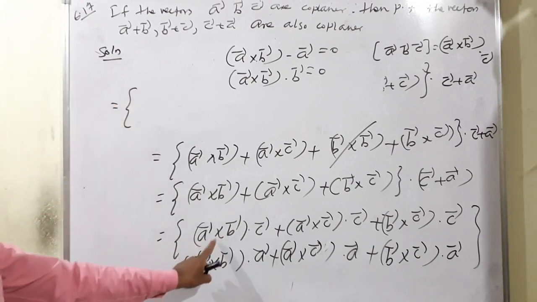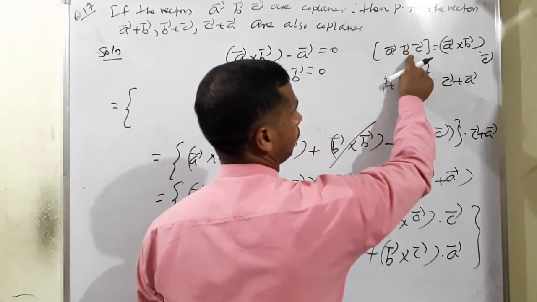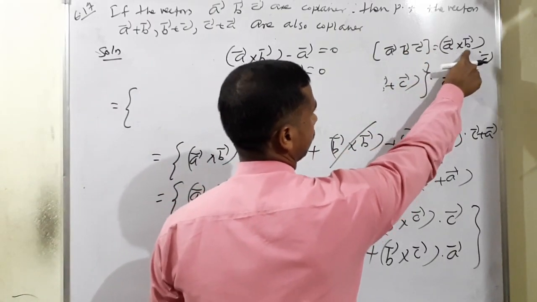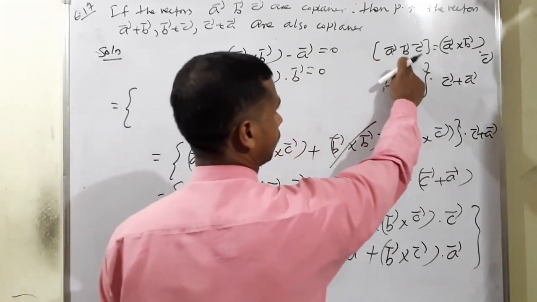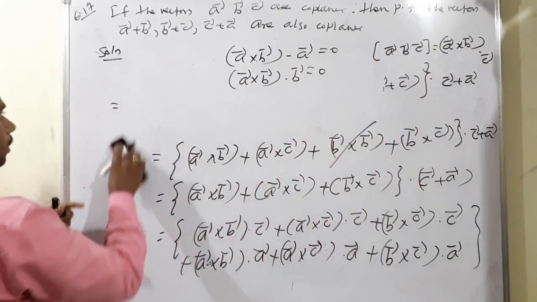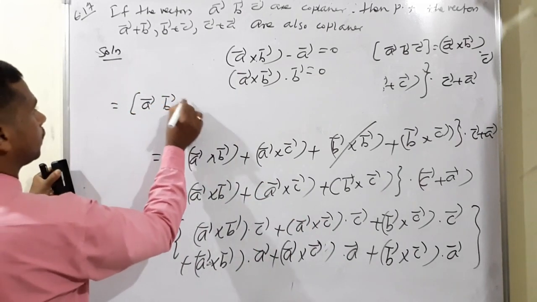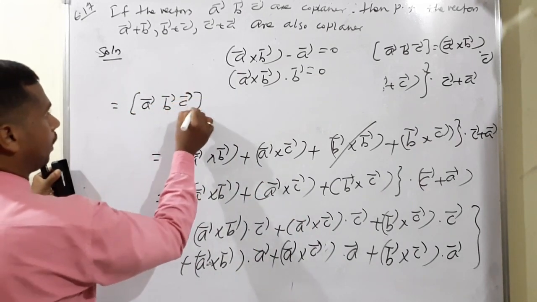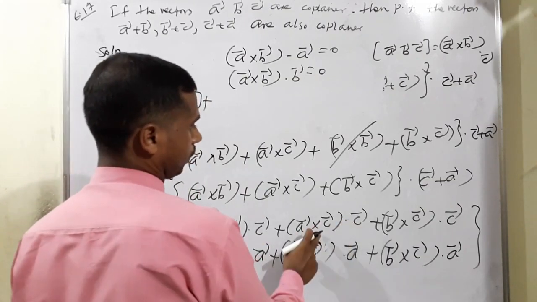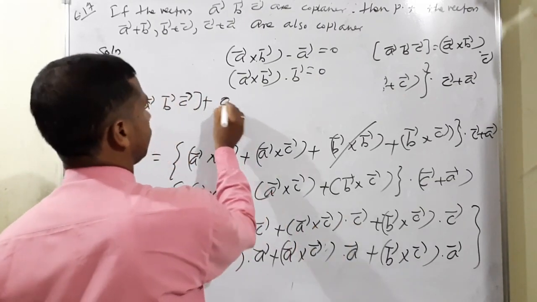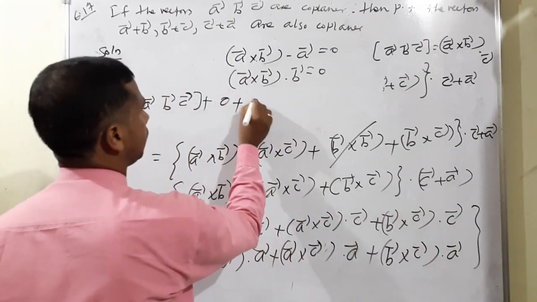Look at the first term: A vector cross B vector dot C vector means we can write the box product of A vector, B vector, C vector. Then plus, look at the next term: C vector dot C vector is 0. Plus, next term also has C common, again 0.